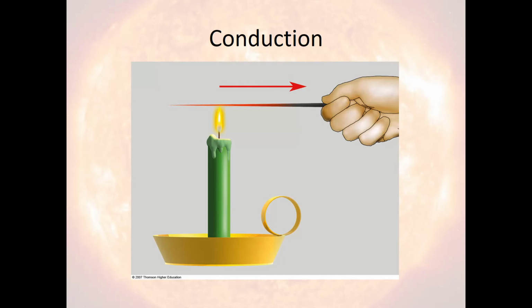So conduction involves some kind of direct contact, and it involves some kind of conductor. Now, there are many things we don't want heat to transfer through. For example, imagine if, let's say, as you're watching this, it's 110 degrees outside. You probably don't want the inside of your house to be 110 degrees. You don't want the heat to be conducted from the hot air outside to inside.